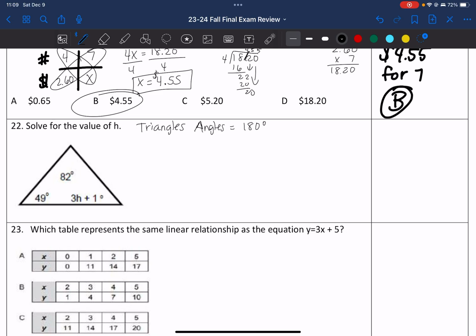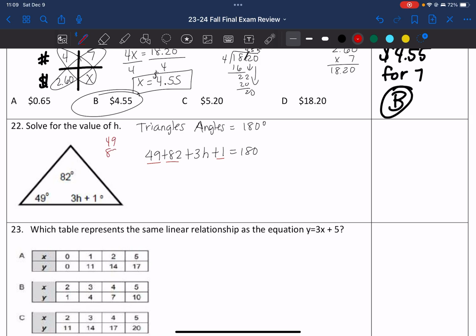So what we're going to do is 49 plus 82 plus 3h plus 1 equals 180. Now here, I'm going to add my like terms. Now remember, like terms are the ones that look exactly the same. If it does not have an h, it's not going to match up with 3h. But 49, 82, and 1 all do not have an h, so they are all like terms. So let's add those up.